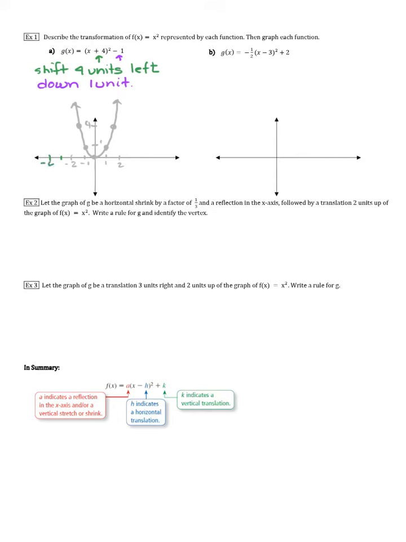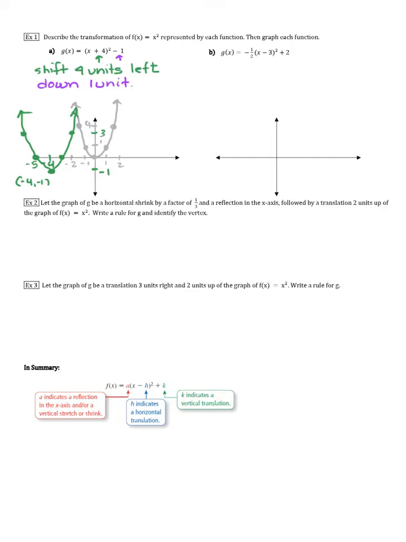So this will put me down here at negative 4 and down 1 unit. So that puts me down here. So my vertex now is at negative 4, negative 1. And then I'm going to go over 1, up 1, over 1, up 1. So that's at negative 5. And I would go over 2, up 4, which puts me at a negative 3, and do the symmetry. And there's my graph. So you're basically taking each point and shifting it.